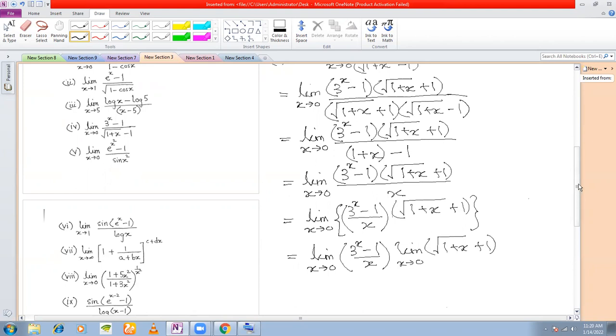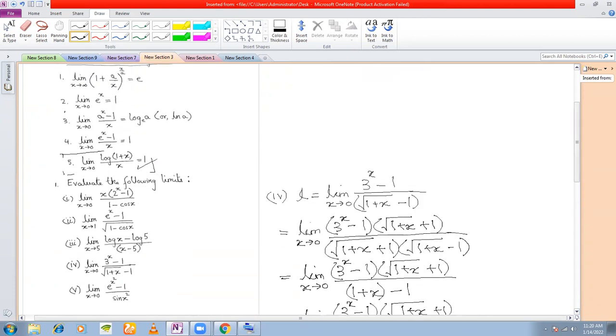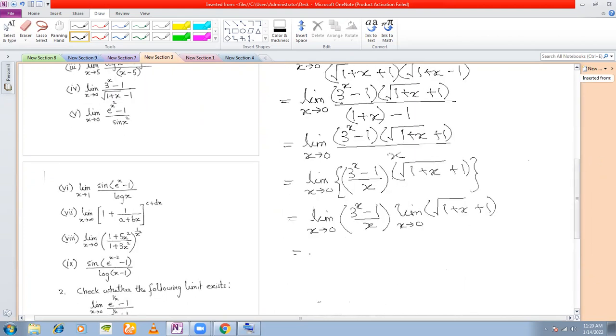Now the first one is a standard limit, right? What is the standard limit? This one, number 3, which is equal to ln a. So this is equal to ln 3. Right? And here you can put x is equal to 0, which will give you a determinate form, root 1 plus 0 plus 1, right? And so therefore you get here 2 ln 3 or 2 log 3 is your answer.